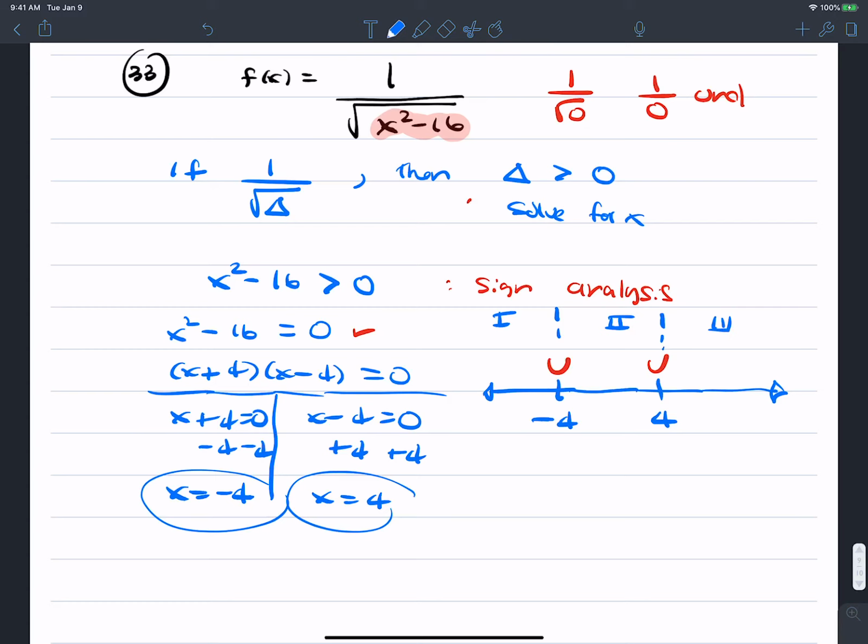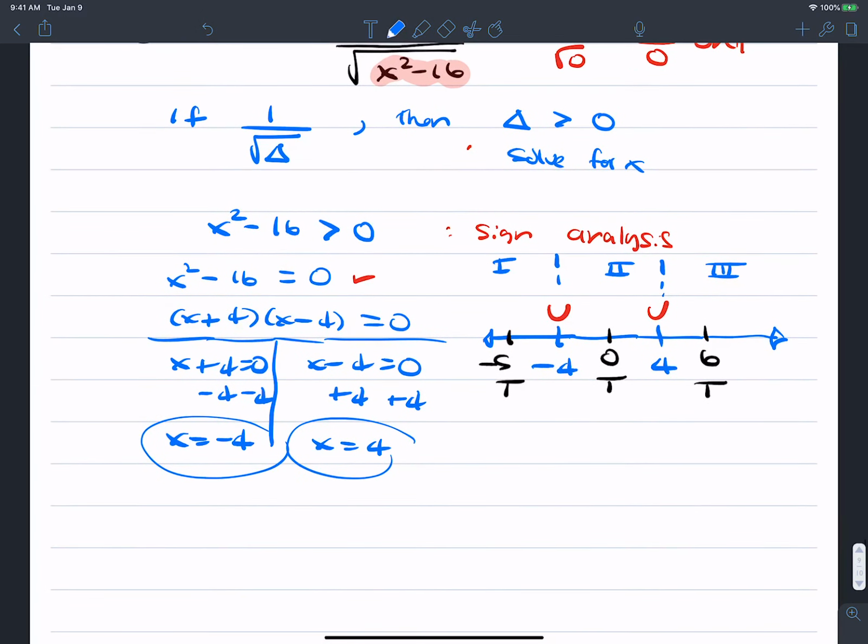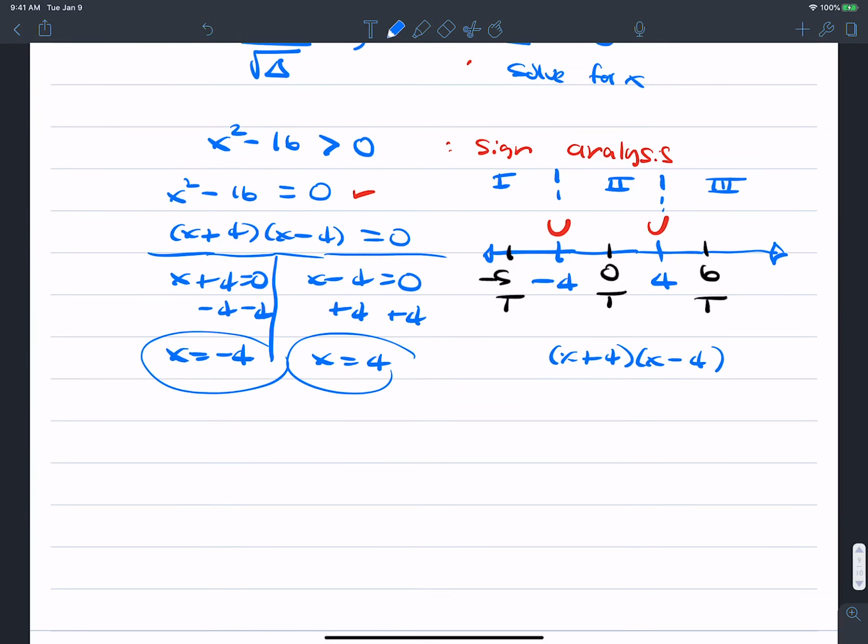This is what you'll be tested on, and we now have to determine the sign of each region. For the value to the left of -4, we can use -5 as a test point. 0 is available, and 6 is available as a test point. The procedure is the same, and we're going to test the product x plus 4 times x minus 4.